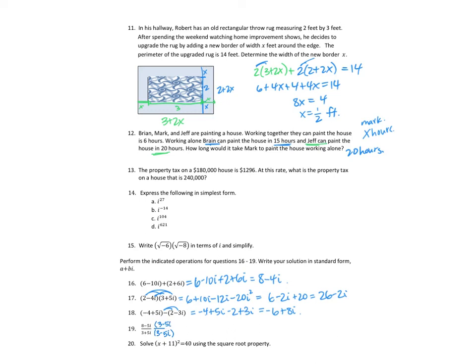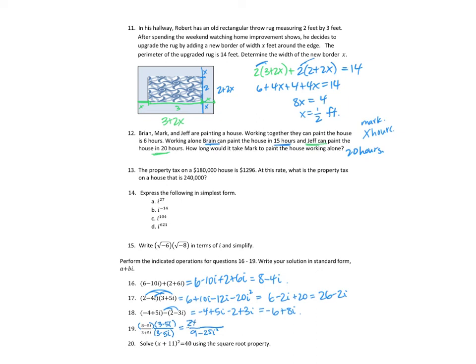Okay, and if I do that, on the bottom, I'll get 9, 3 times 3 is 9, minus 25i squared. And on top, I can multiply that out, and I'll get 8 times 3 is 24.